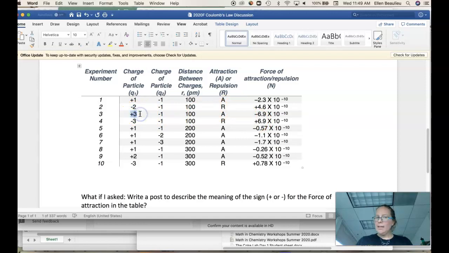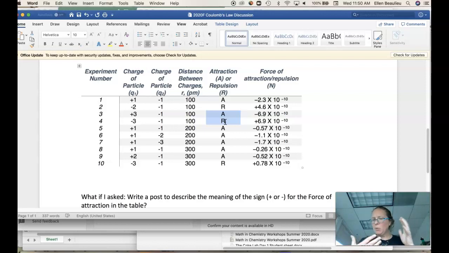For experiment 3, particle 1 has a positive 3 charge, particle 2 has a negative 3 charge. Particle 1 for experiment 4 has a negative 3 charge. For particle 2, both particle 2s have a negative charge. Both experiments have the same distance, but experiment 3 is an attractive interaction, and experiment 4 is a repulsion interaction.